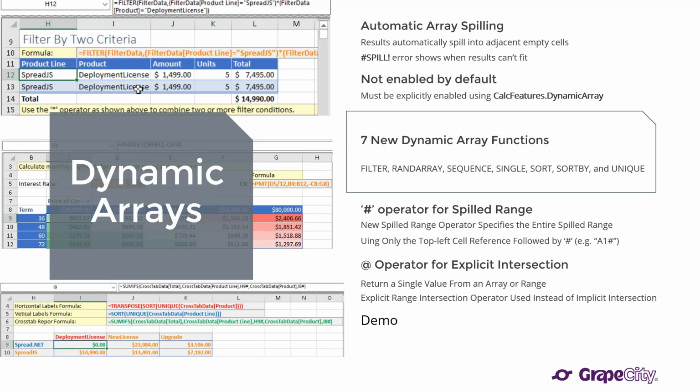The new explicit intersection operator, which looks like the @ sign, is used to return a single value from an array or range. These new functions can be used in many useful ways, from quickly and easily filtering entire tables to generating tables like the car loan interest table, or generating cross-tab reports with 3 quick and easy formulas.